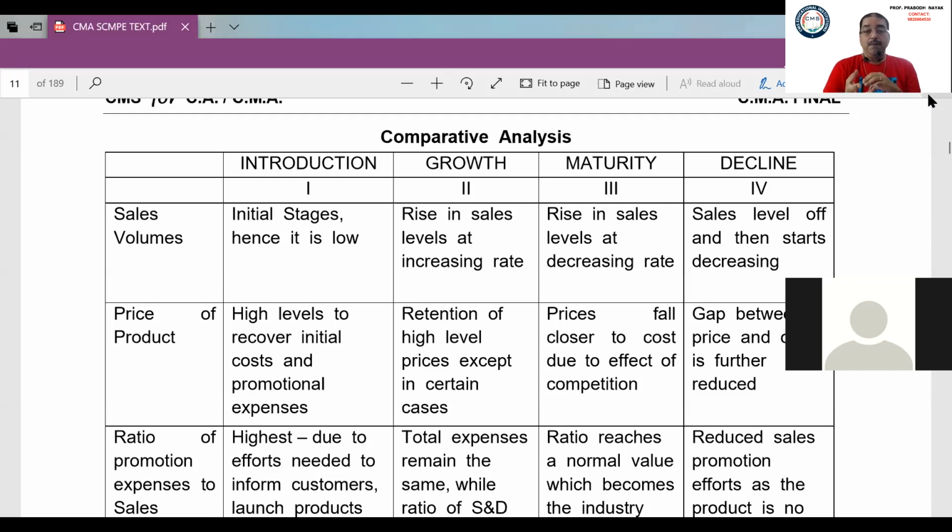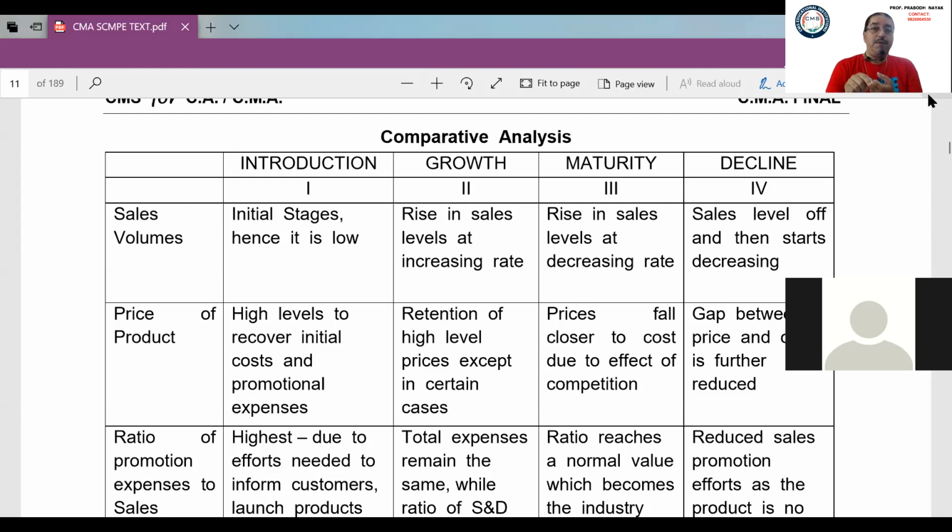For example, when the Samsung tablets or the iPads came into the market for the first time, what was the cost? That was very high. Why? Because consumers were not aware, there was no competition, the product was new, the technology was new. So the manufacturer could afford to charge a very high price.